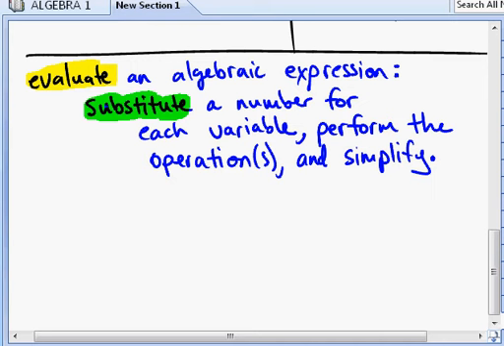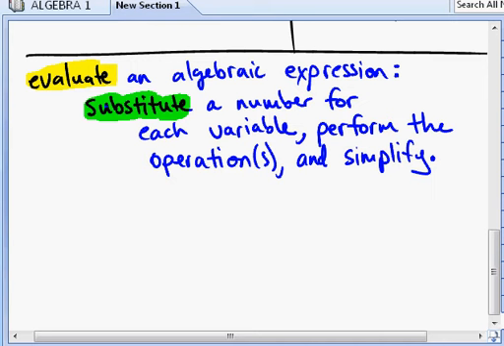So evaluate an algebraic expression means substitute or trade a number, so we're putting in a number for each variable. The variables are the letters. So it's like 6 plus c. It's taking the c out of the game and putting in its place a number, 5 or something, whatever they tell you to. So it's taking the letter out and replacing it with a number.